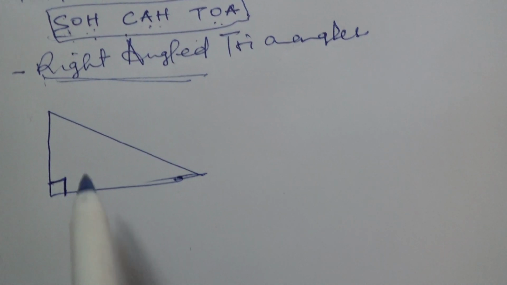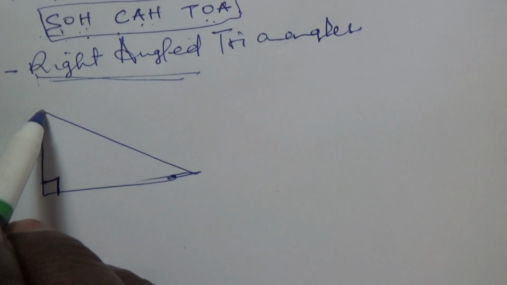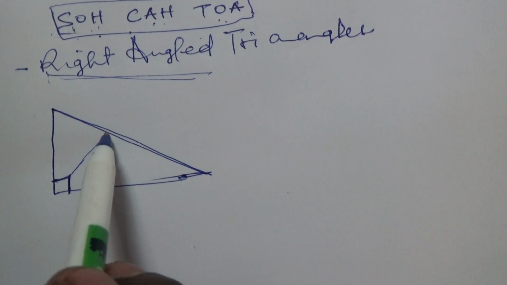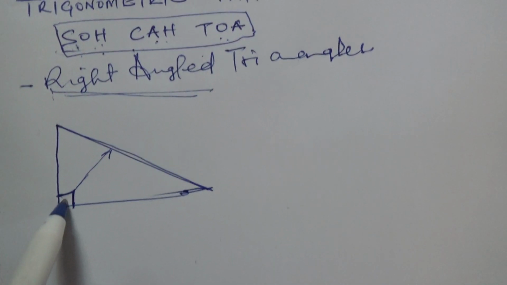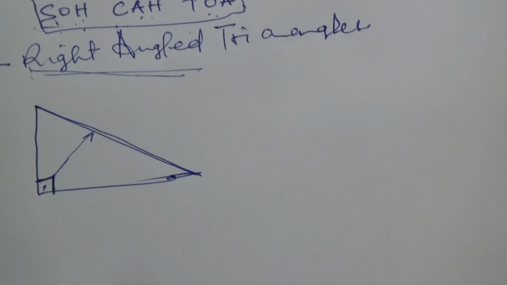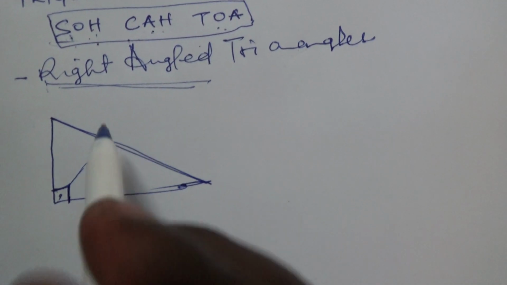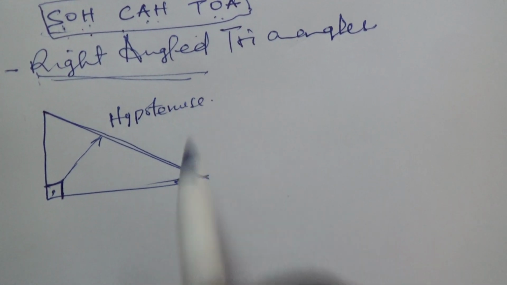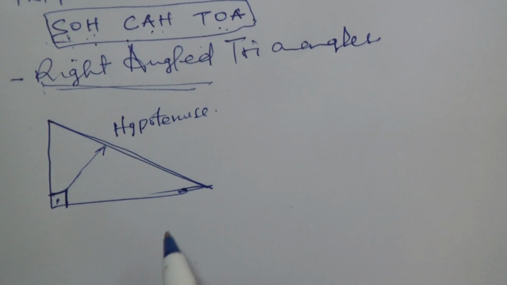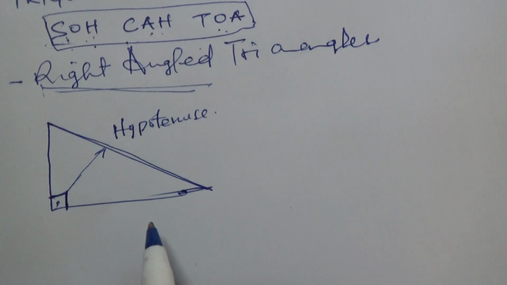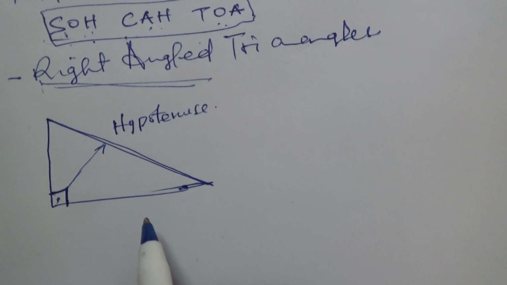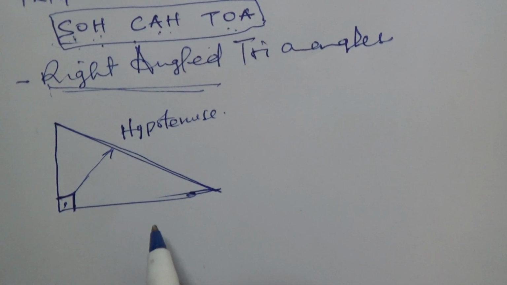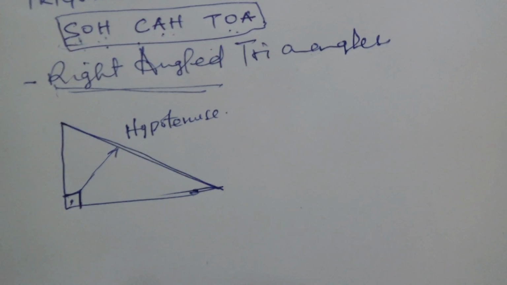Now, you must always understand that this side, that is always opposite the right angle, is what we call the hypotenuse. All right? Now, we have two other sides, and that is the opposite side and the adjacent side.